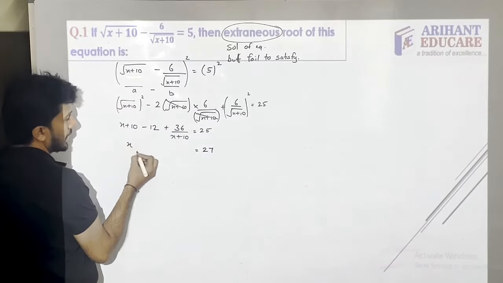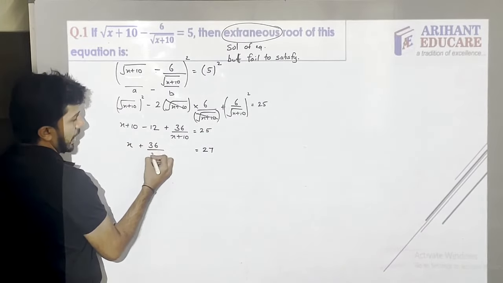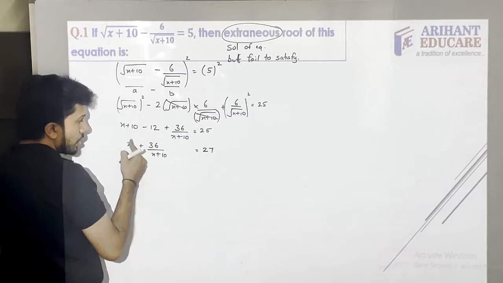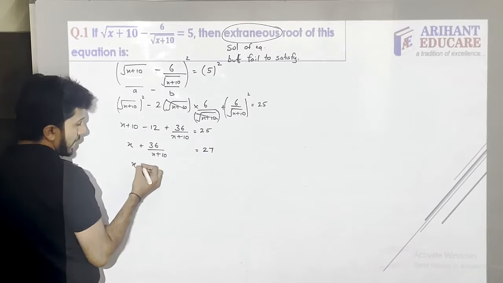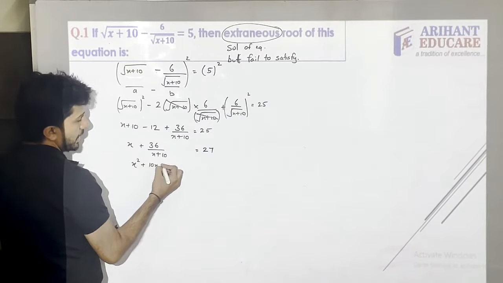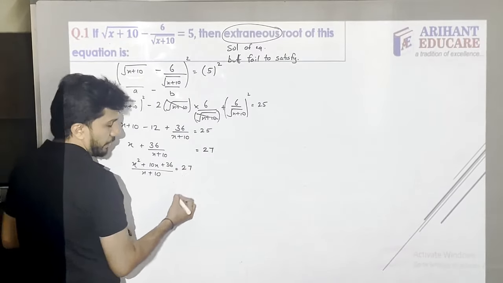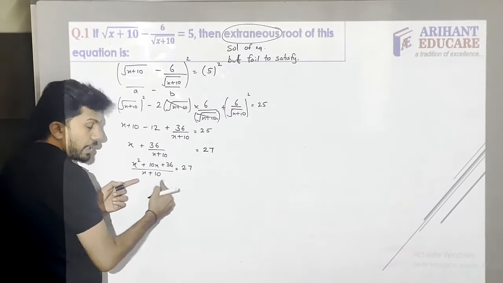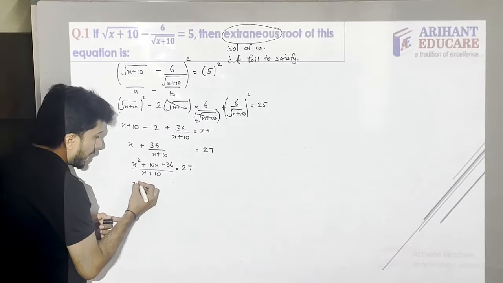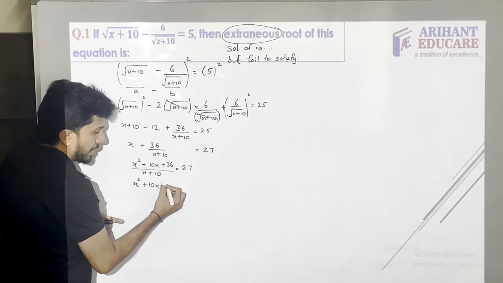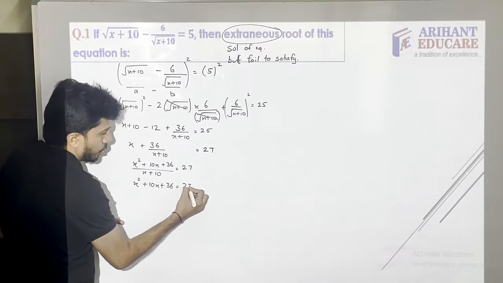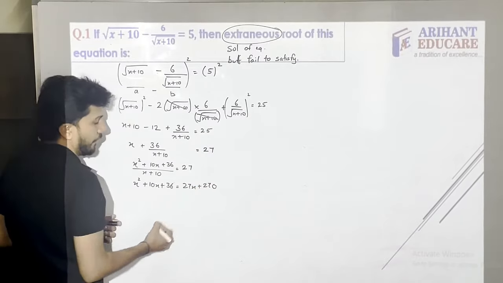Here we have x plus 36 by x plus 10. LCM. So x squared plus 10x plus 36 by x plus 10 is 27. Multiplying to the other side, x squared plus 10x plus 36 is 27x plus 270.